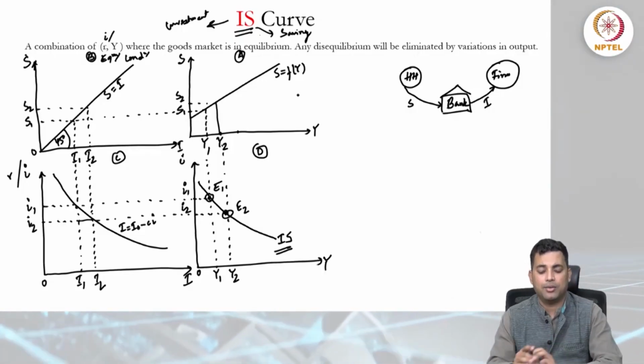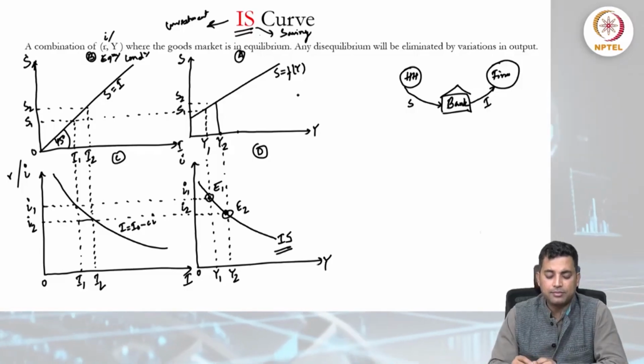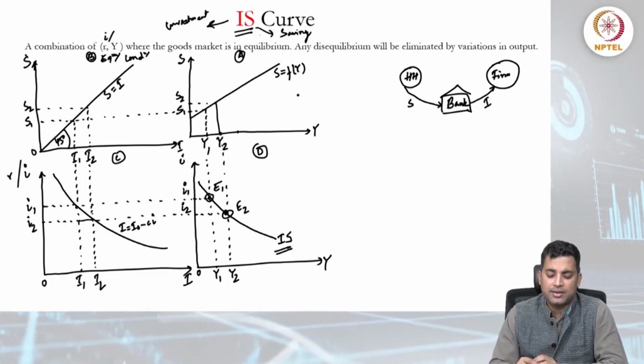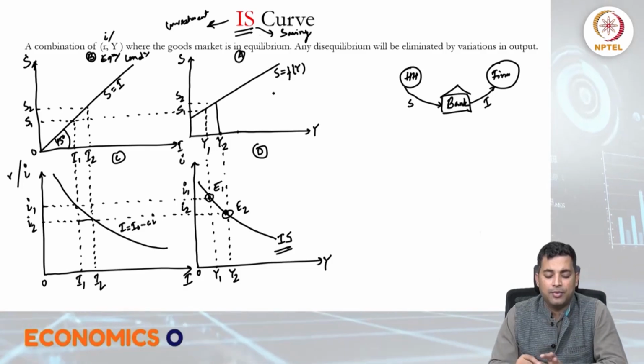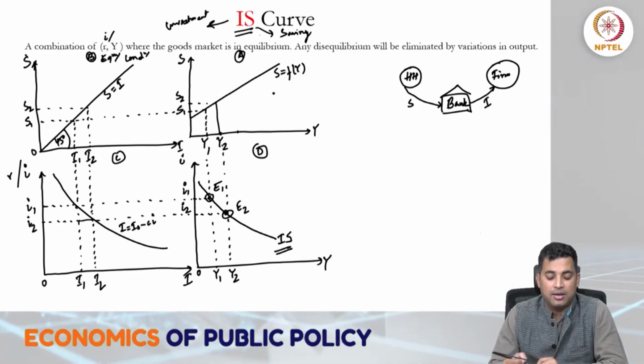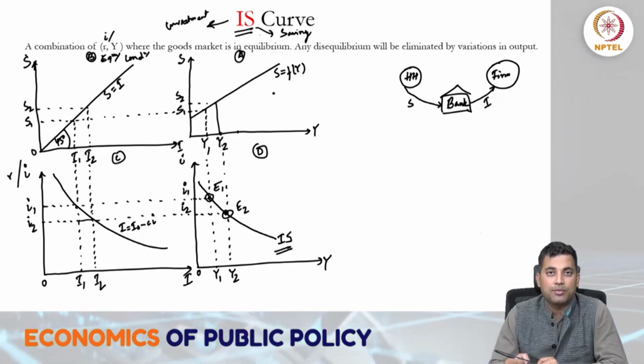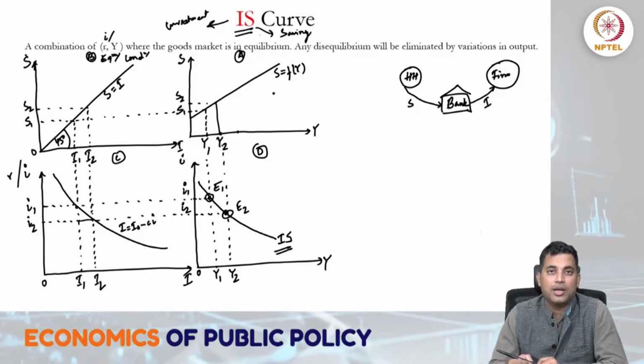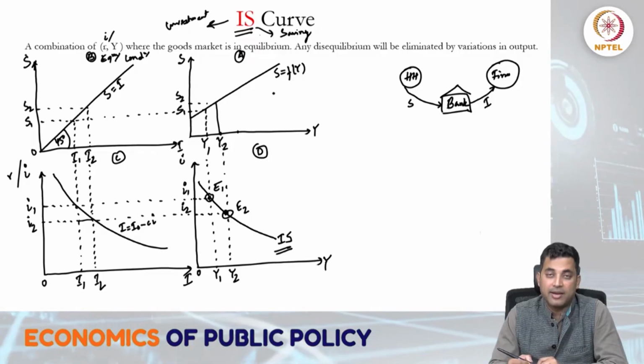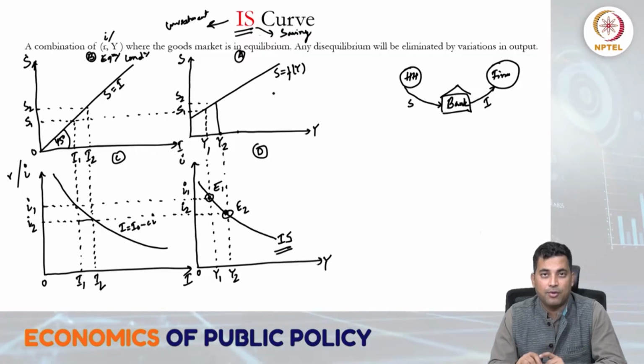This is what we are trying to show you in the 4 panels, with the same indicators and the same amount of changes: how it gets impacted and how the IS curve gets formed.